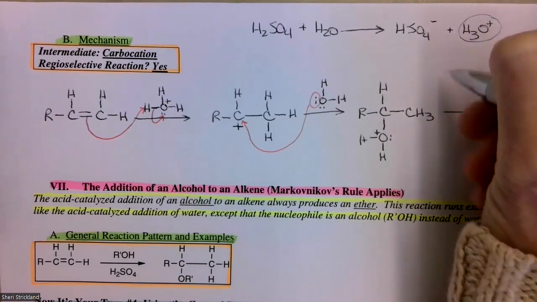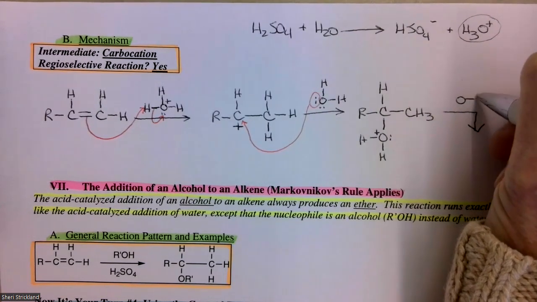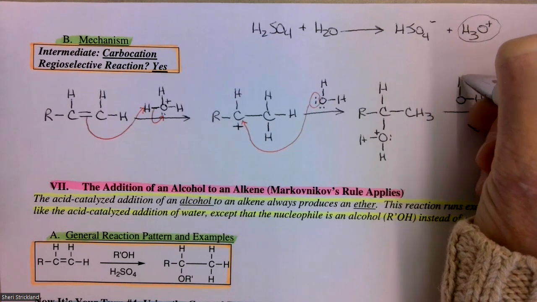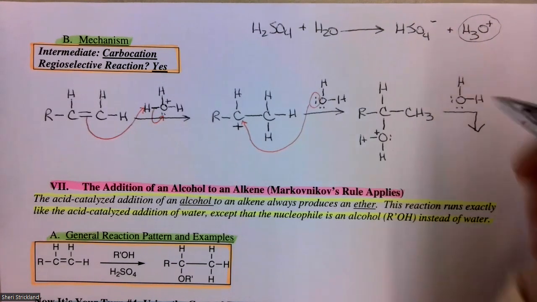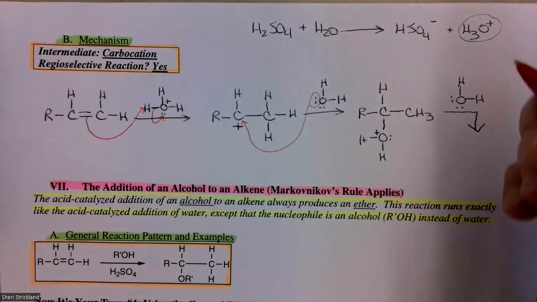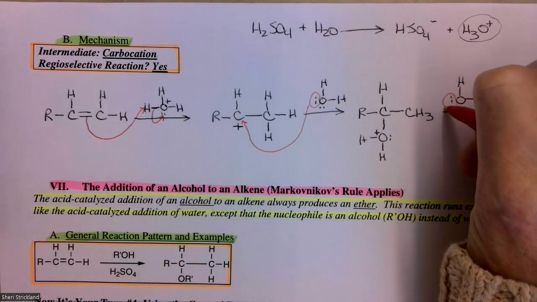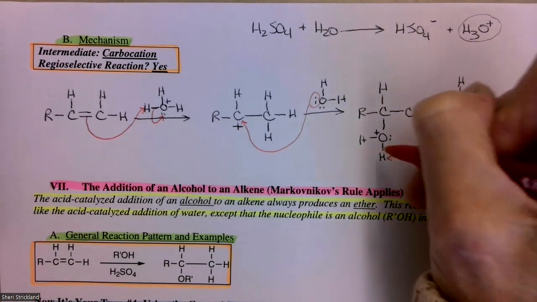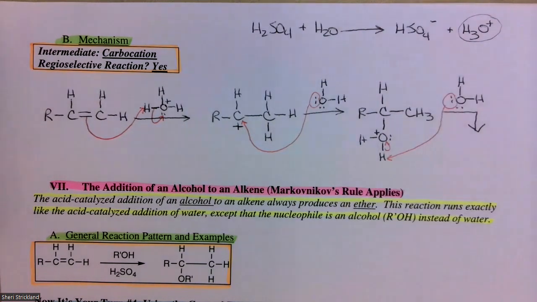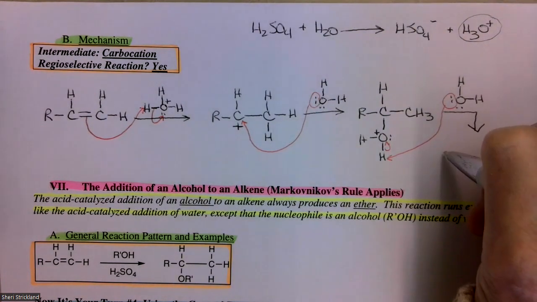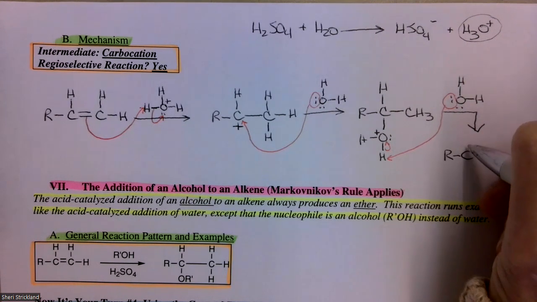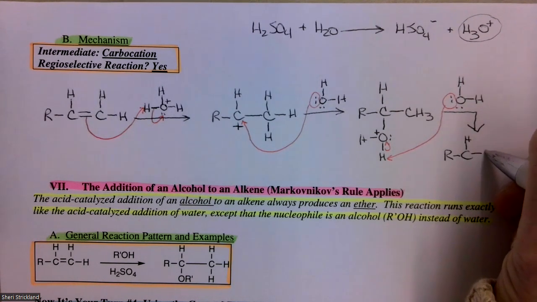So what happens here is there's plenty of water in here. And so a second molecule of water comes along and acts as a base. And so now you have this.